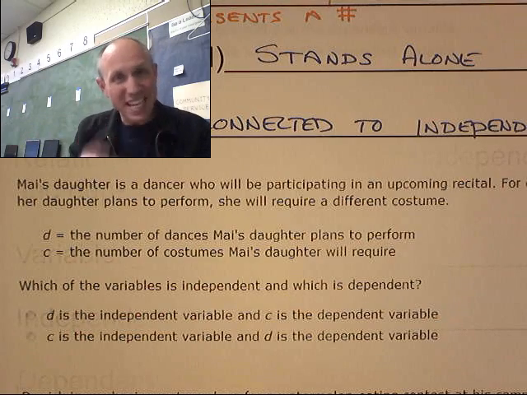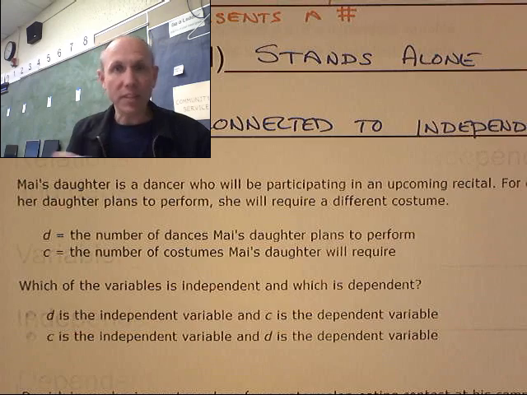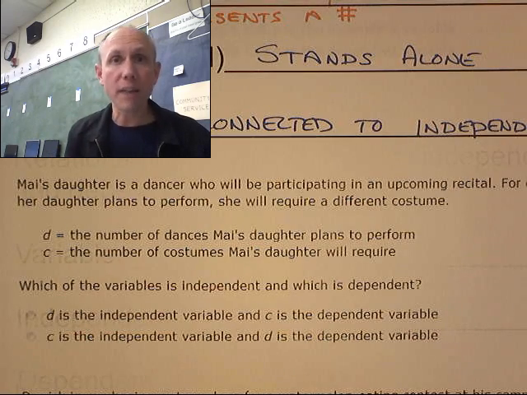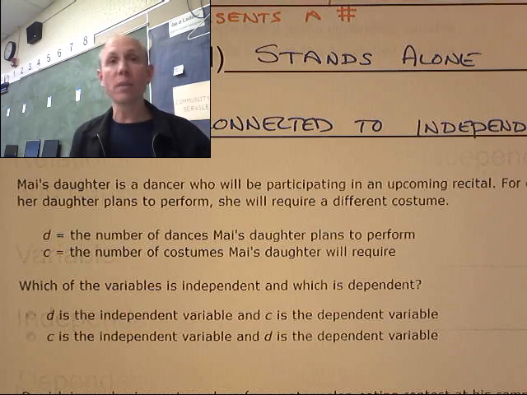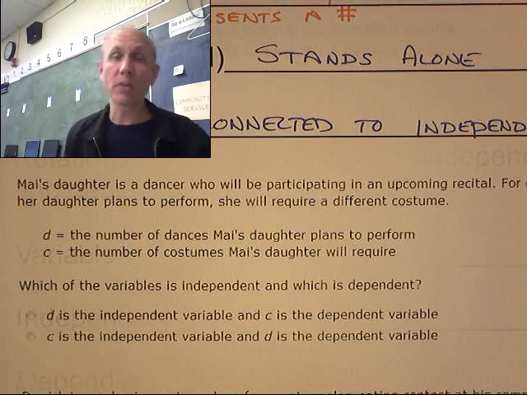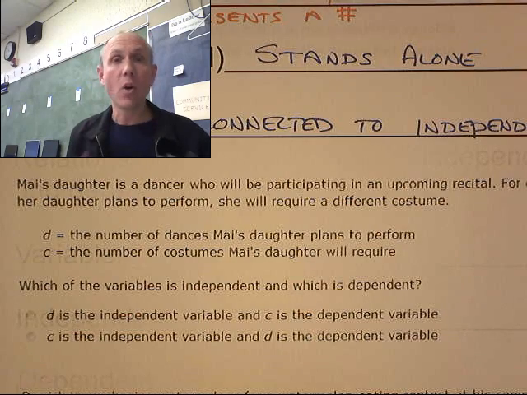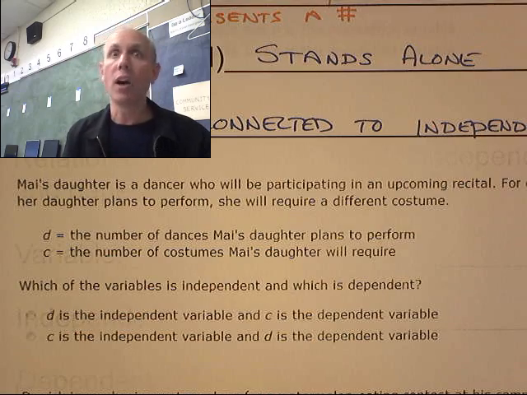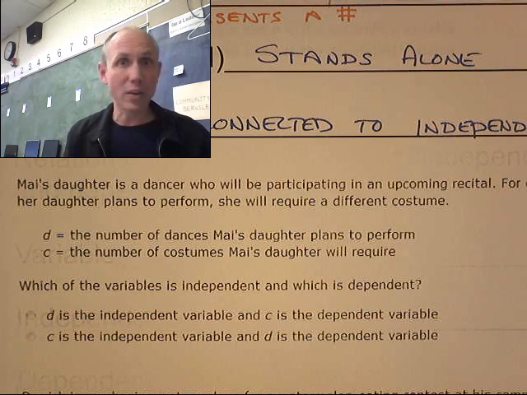What's the independent variable? Does she come home and say, Mom, I need 5 dresses? And Mom says, oh, you must be doing, well, a second. Mom, I need 6 dresses. And Mom says, oh, you must be doing 3 dances. Or does the kid say, Mom, I'm doing 3 dances, and Mom says, oh, we better go buy you 6 dresses.